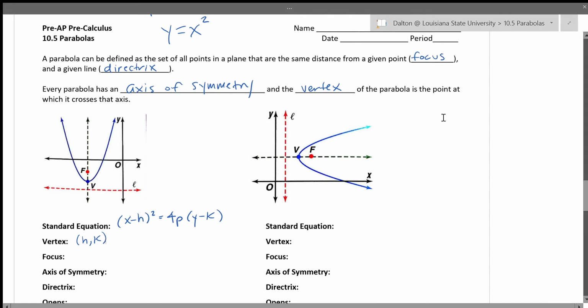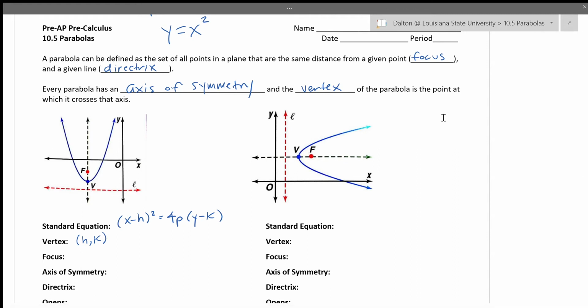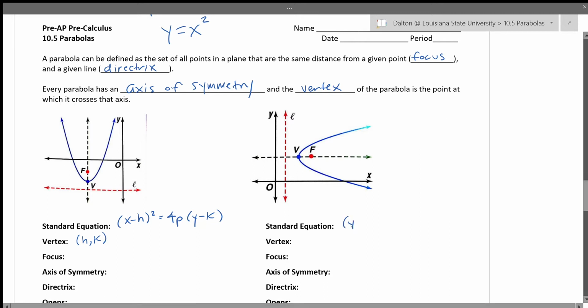It fails the vertical line test. This standard equation switches the x's and y's: instead of (x minus h) squared, we have the (y minus k) squared term on the left side, equals 4p times (x minus h), where again the vertex is still just (h, k).